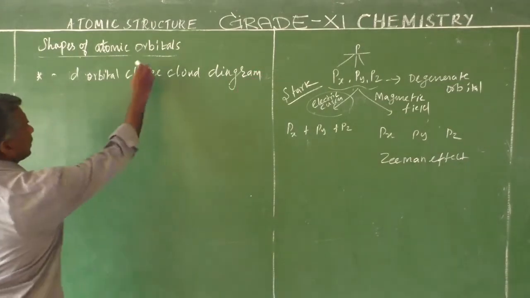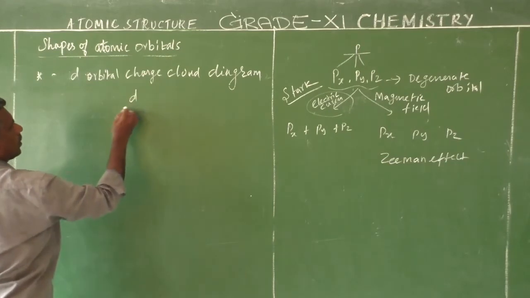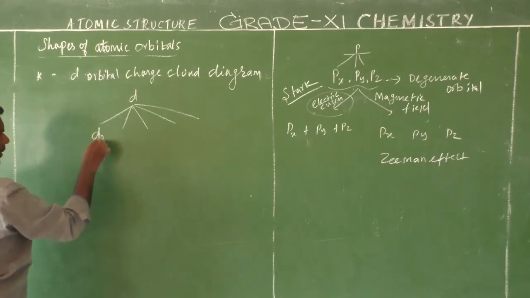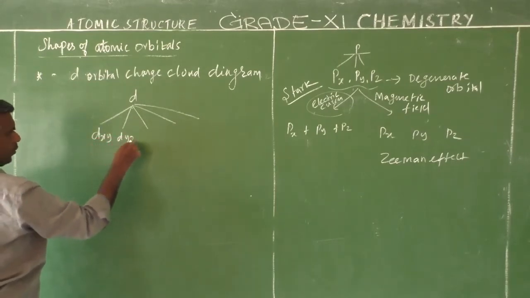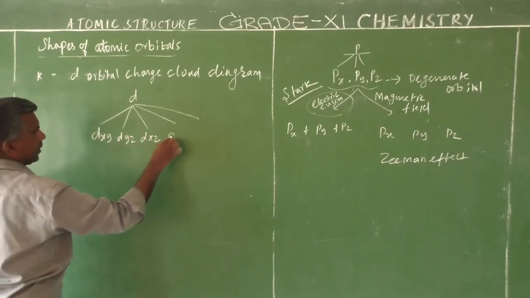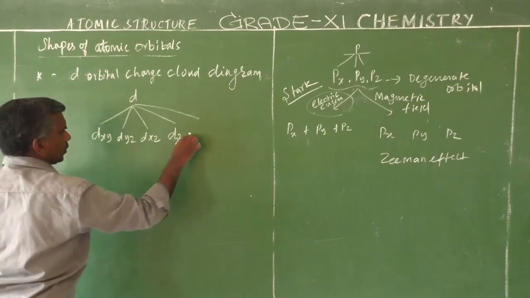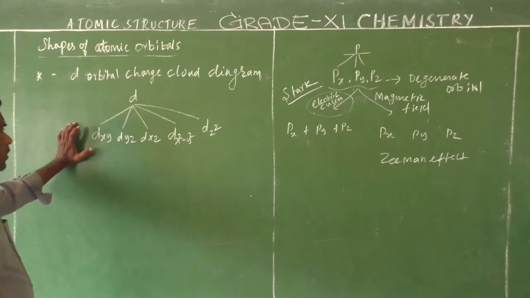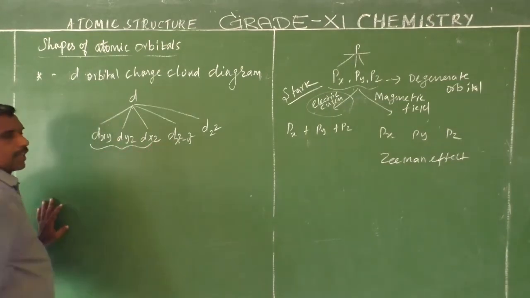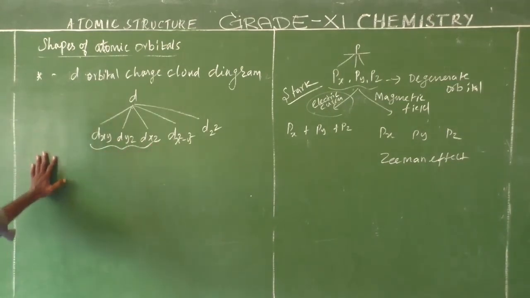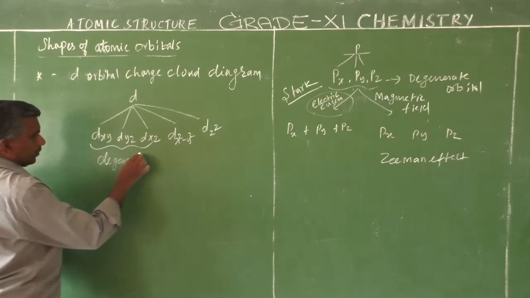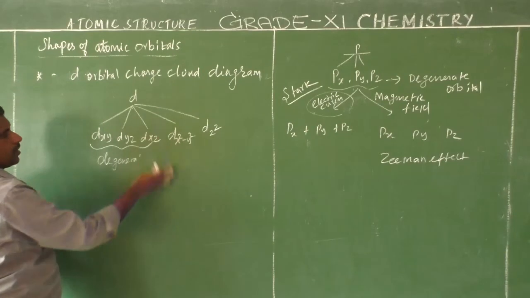The d orbitals are 5: dxy, dyz, dxz, dx square minus y square, dz square. Okay, these are the same size and same energy. This is known as degenerate orbital. The 5 orbitals are degenerate.